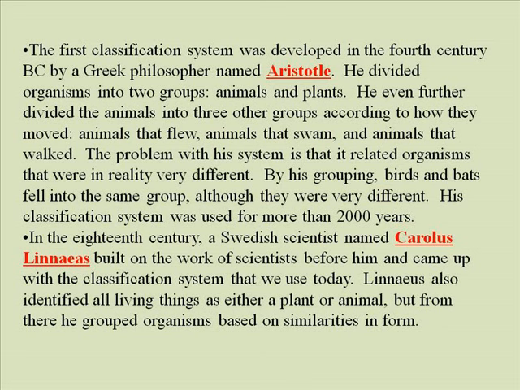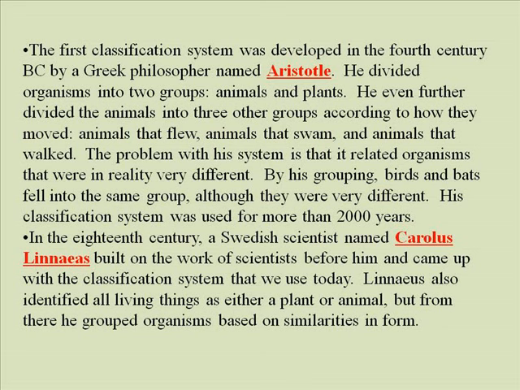And then in the 18th century, there was a Swedish scientist named Carolus Linnaeus. And he used all the work from scientists before him, and he came up with a classification system that we still use today. Now, we've had to make some little changes to it, but it is still the same system we use.